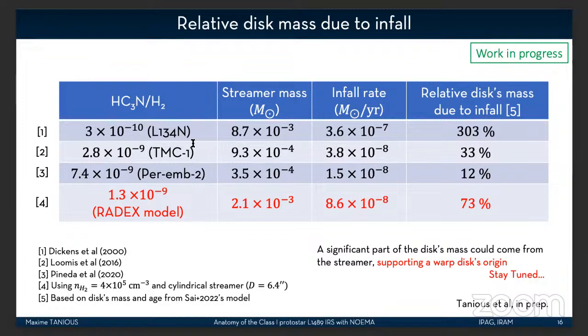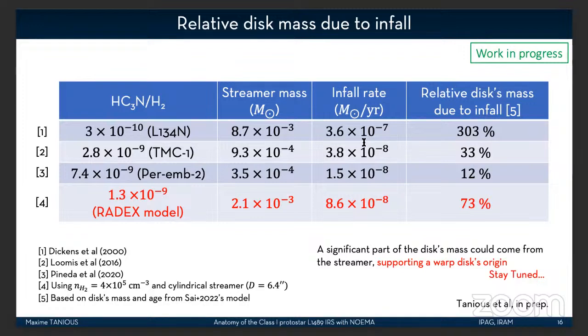And using these parameters, you can derive a streamer mass and an inflow rate. And the parameter that I'm interested in here is to try to derive the amount of mass that will be due to the inflow. And you can see that depending on the HC3N abundance you take, you can go from more than 300% to 12%. So it varies a lot.